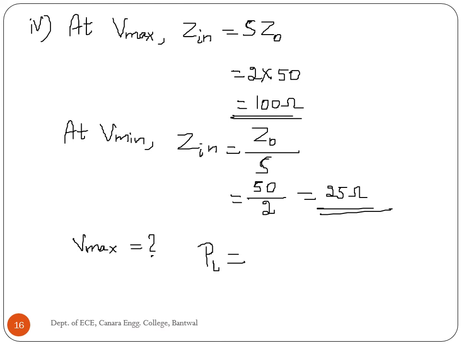PL is equal to square of Vmax divided by ZL, which is equal to 100 milliwatt. From the PL equation, I can find out Vmax.